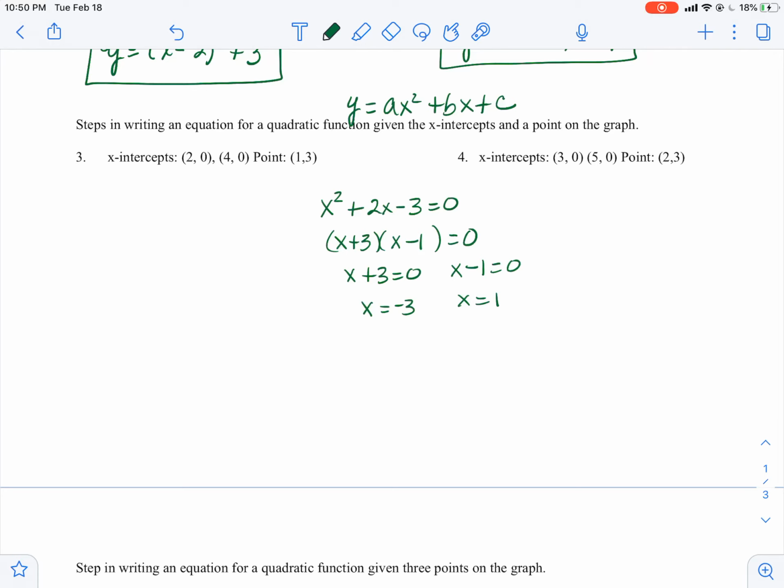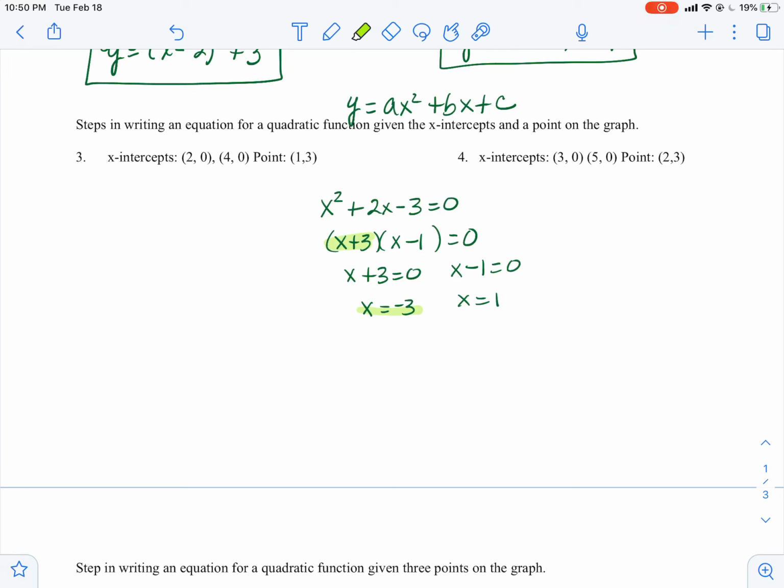Now in the problem above, what I'm given is 2, 0. And what I want you to notice is that if this is a -3, then when I put it into my equation, it actually becomes a +3.